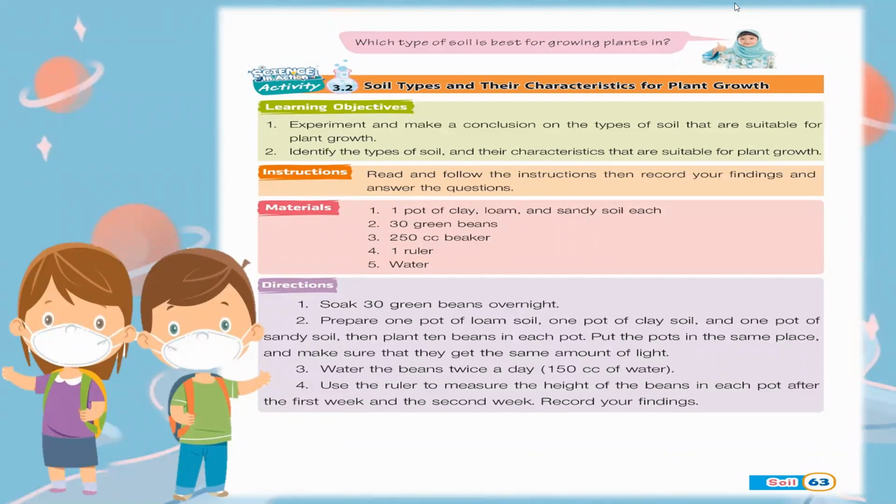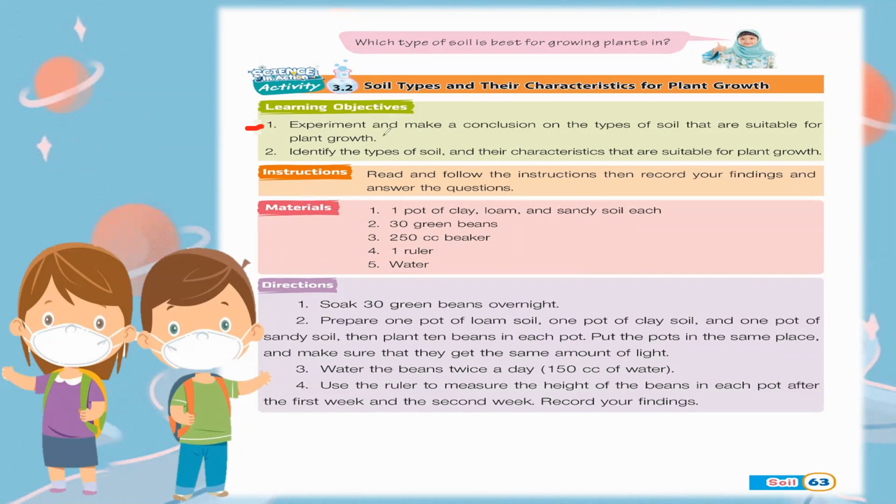Okay, students, soil types and their characteristics for plants. What are the learning objectives? Number one, experiment to make a conclusion on which types of soil are suitable for plant growing.